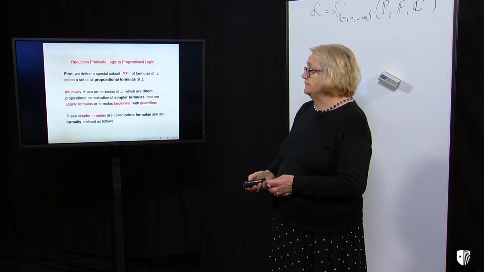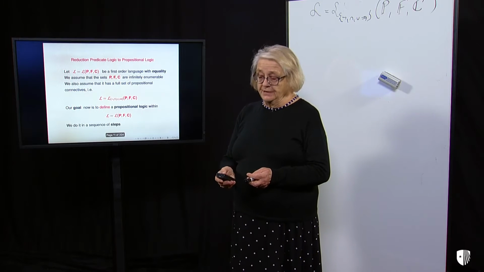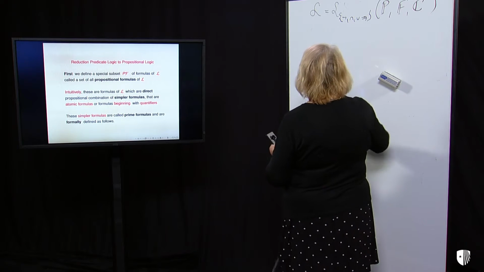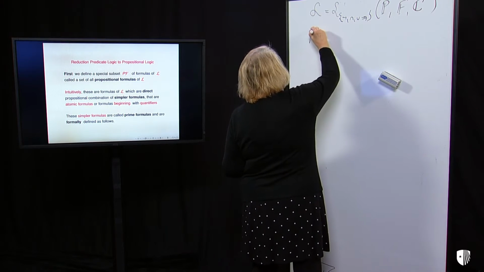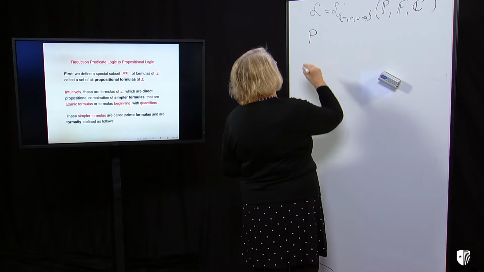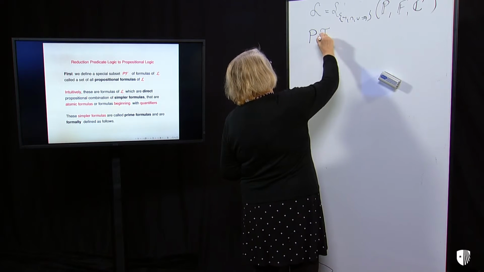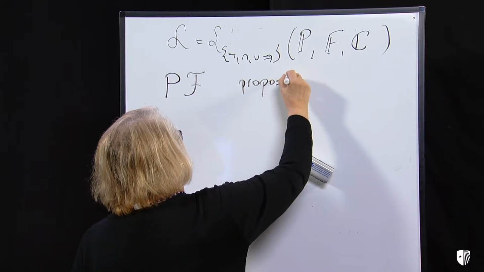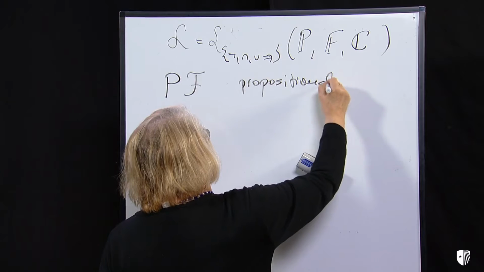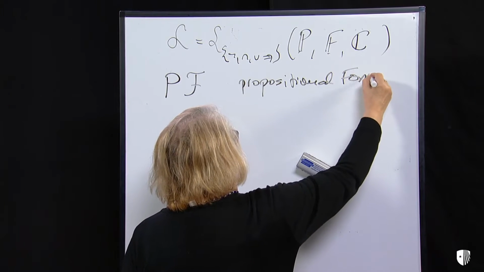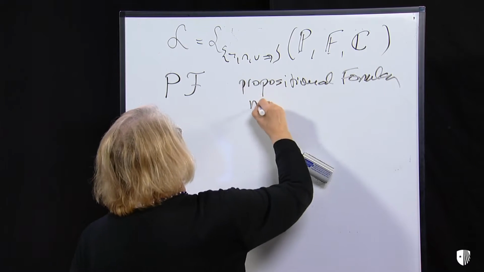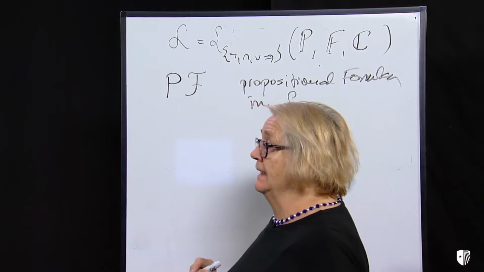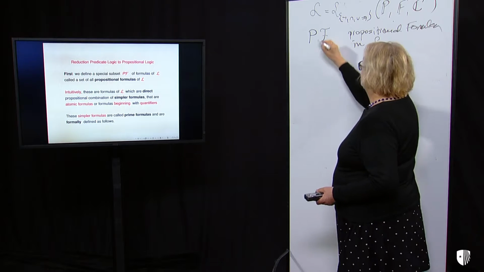And now, in the reduction, we have PF. Here P stands for propositional, so PF stands for propositional formulas in our predicate language, and we are going to define it.